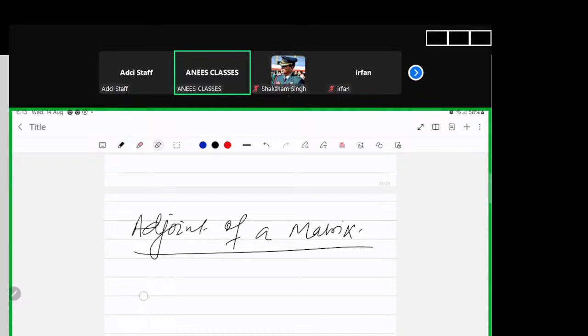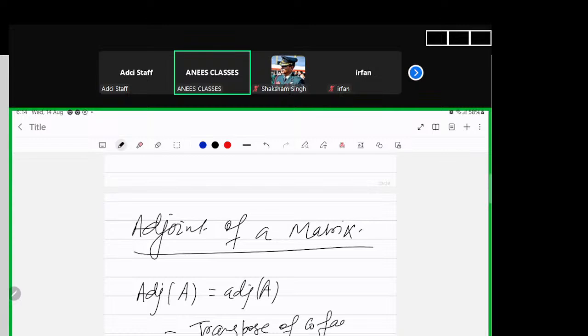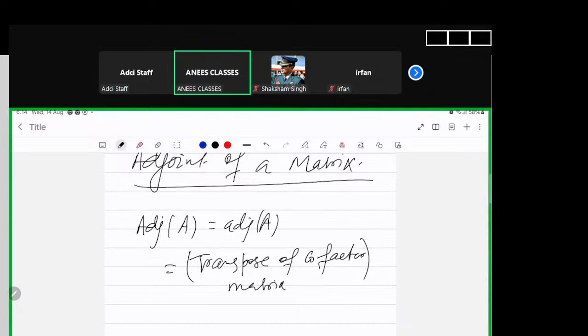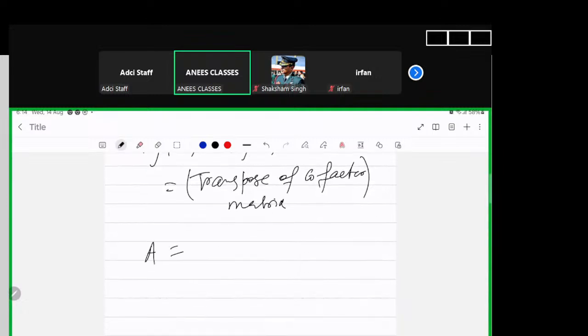Adjoint A, ADJ of A. This is called transpose of conjugate. Sorry, transpose of cofactor matrix.